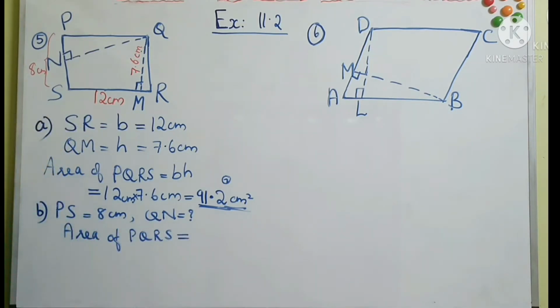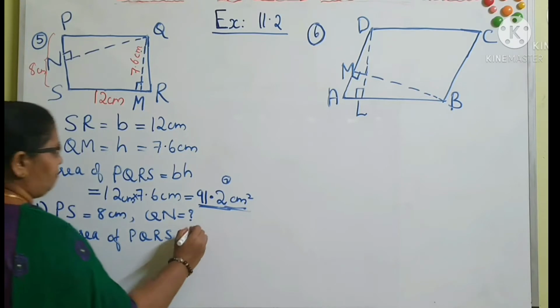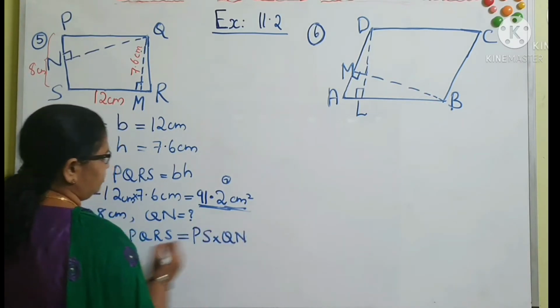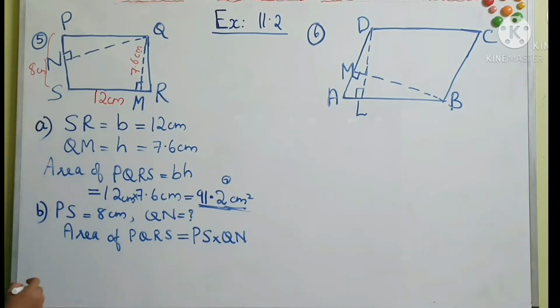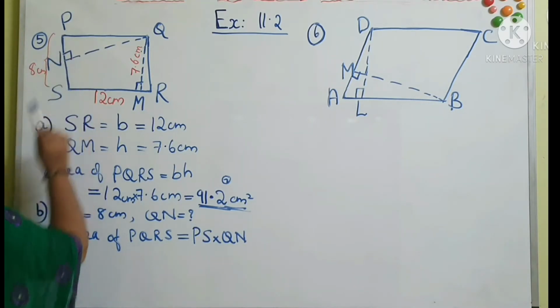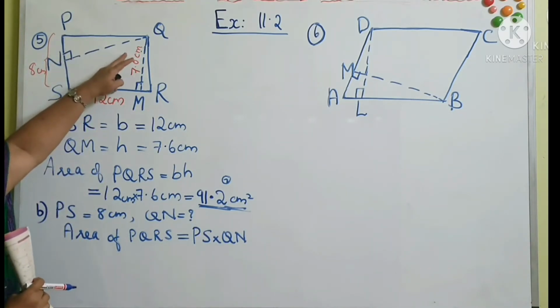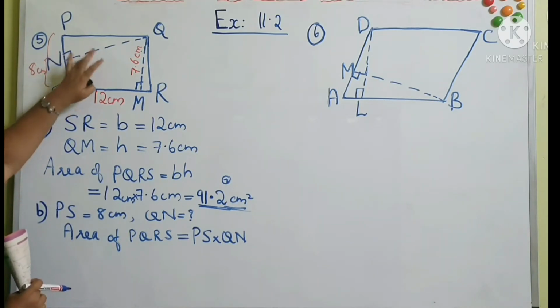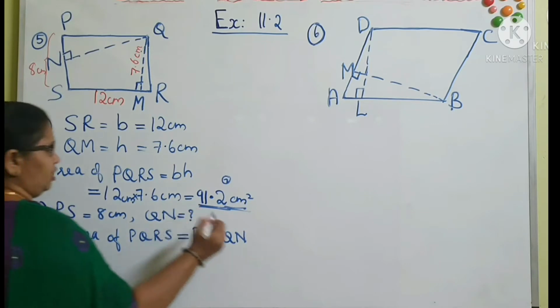if we take PS as the base, then area of parallelogram is equal to PS into QN. If we take PS as the base, then QN is the height to PS.